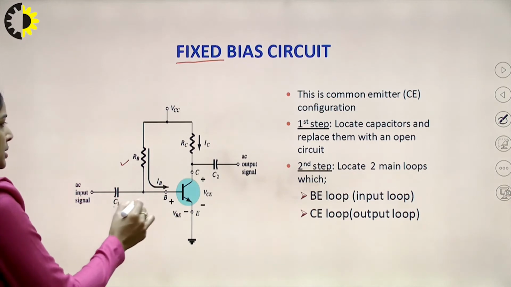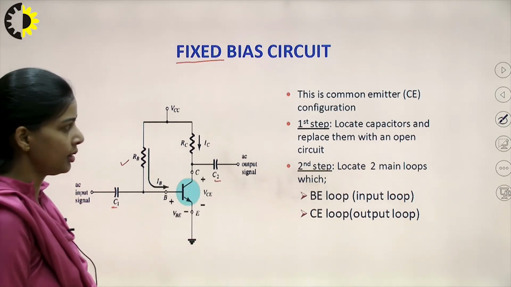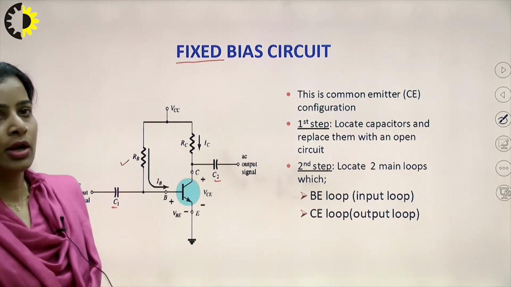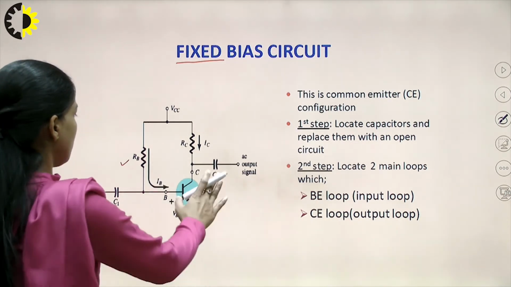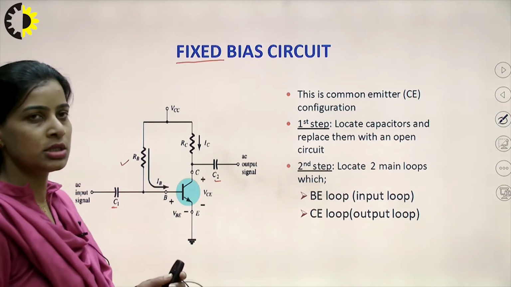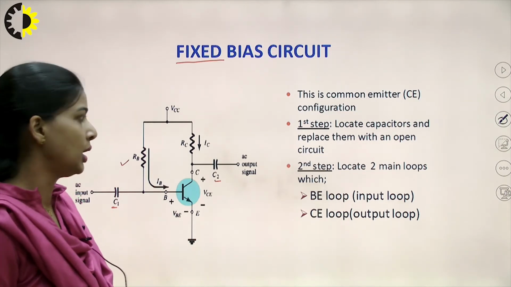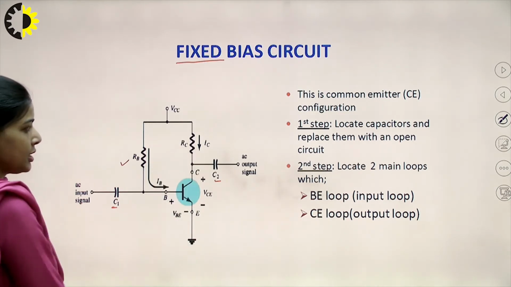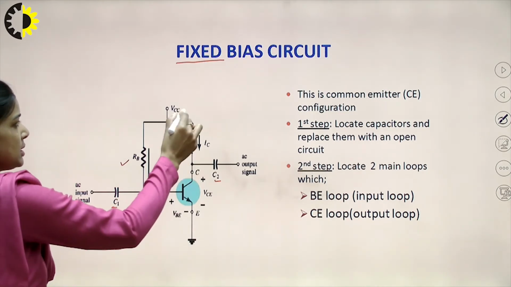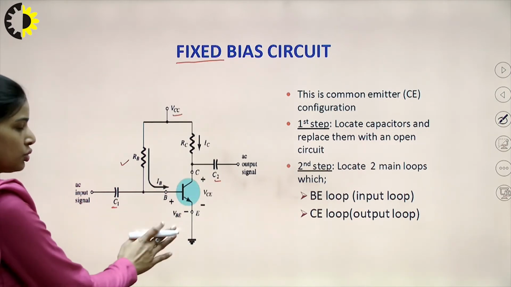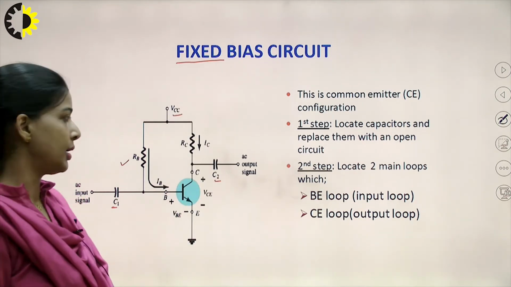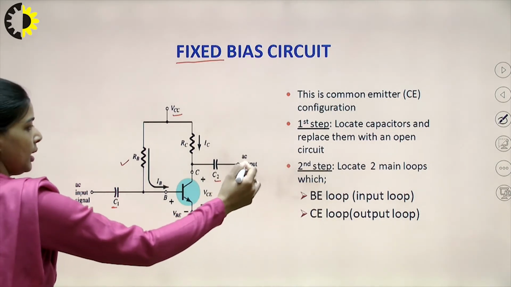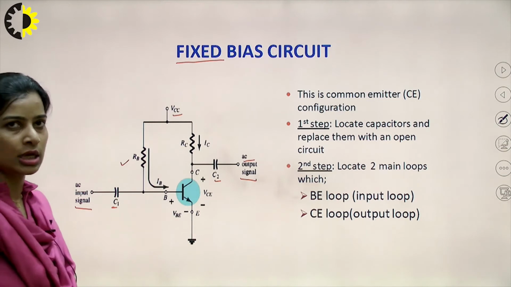The capacitors C1 and C2 are at the input and the output side. Later on we will see the working of these two capacitors, and why they are placed here. RB is the base resistance, RC is the collector resistance and VCC is the supply provided to this fixed bias circuit. The AC input signal is given here and we are taking the AC output at this terminal.